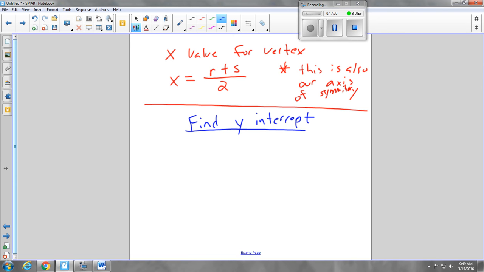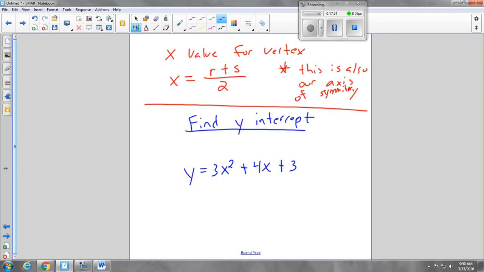Okay, if we need to find the y-intercept, let's say if something like y is equal to 3x squared plus 4x plus 3. Any idea just from looking at it what the y-intercept would be?